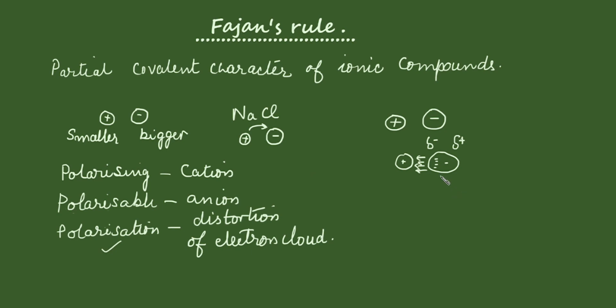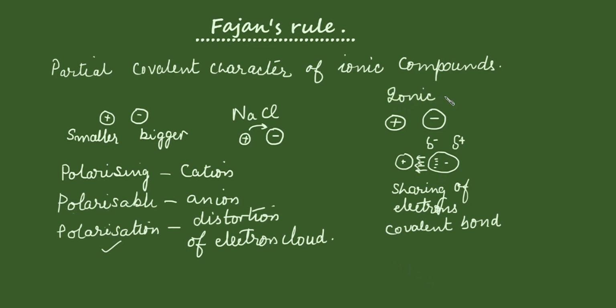This distortion of the electron cloud of the anion is due to the polarizability of the anion. So it is as if these shifted electrons are shared by these two atoms. So there is a sharing of electrons, in which bond electrons are shared between the participating atoms, that is in covalent bond. So here a partial covalent character is developed.